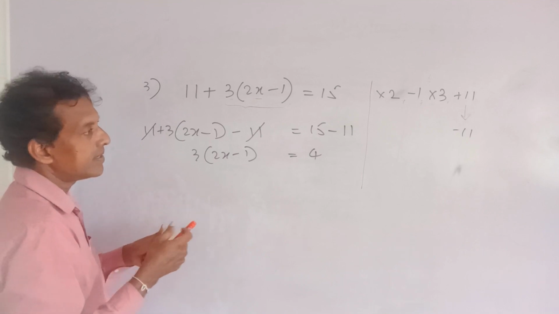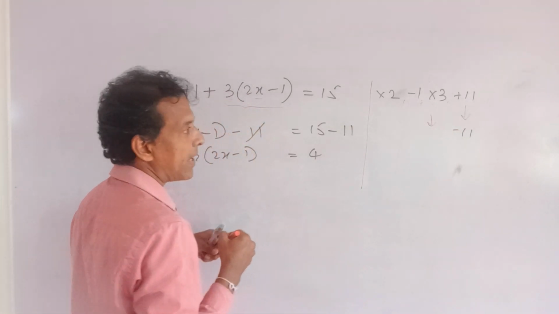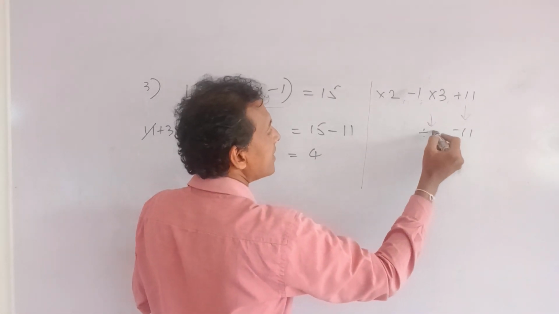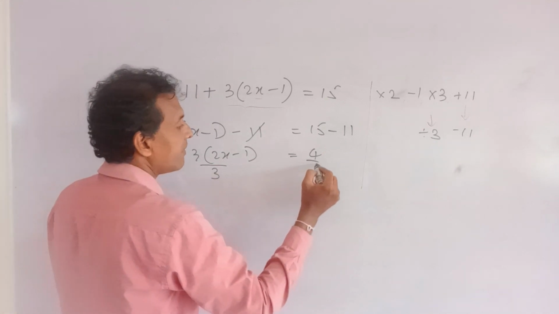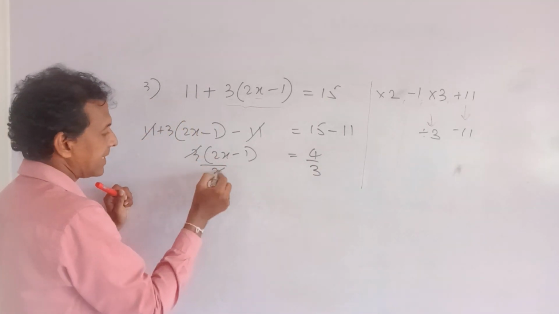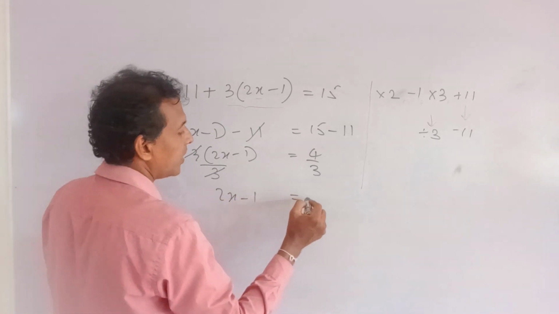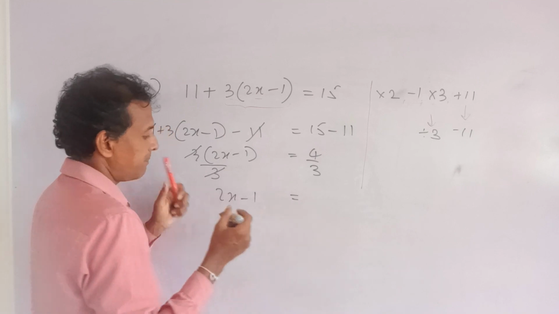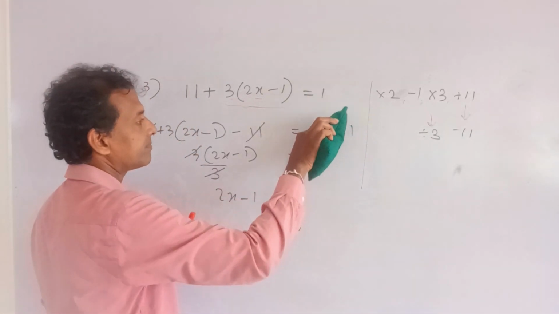Now move on to the next operation, multiplied by 3. The inverse operation is divide by 3. So divide both sides by 3. 3 gets cancelled. So we have 2x minus 1 equals 4 over 3. So once again, to make you understand easily, I'll just change this one.